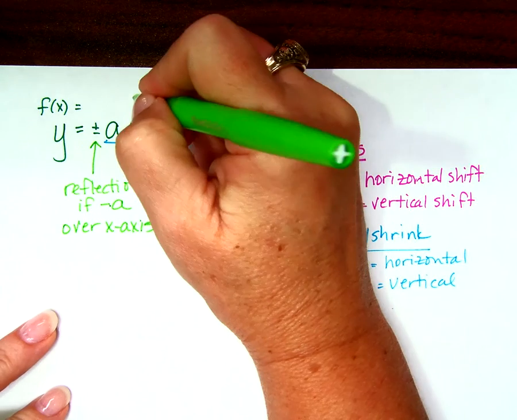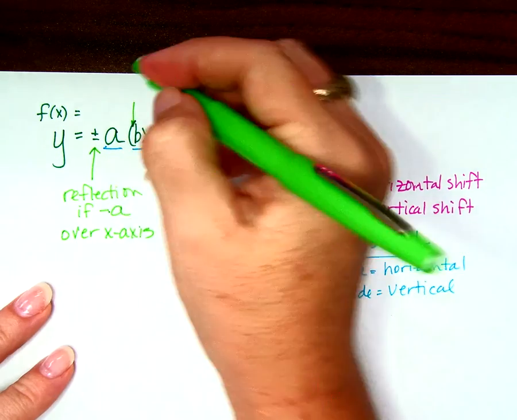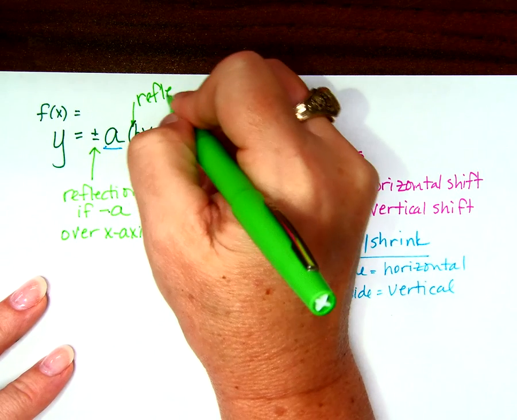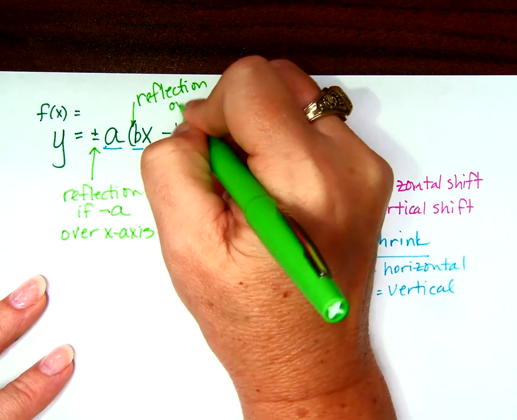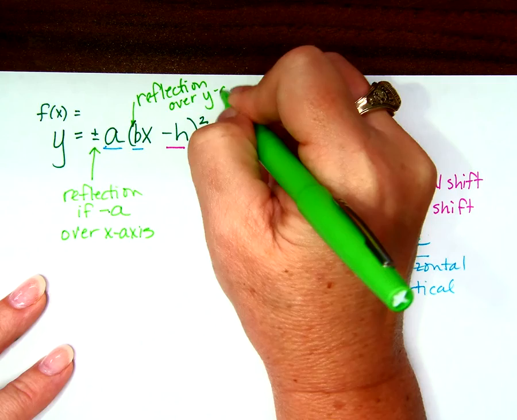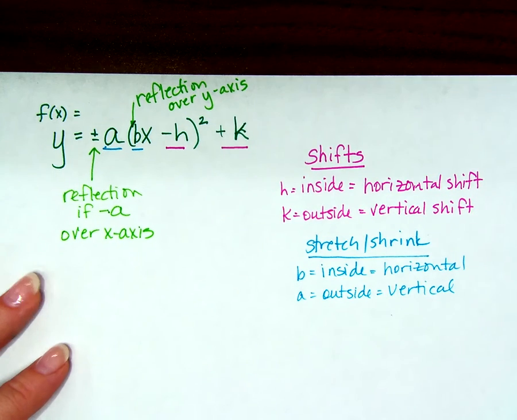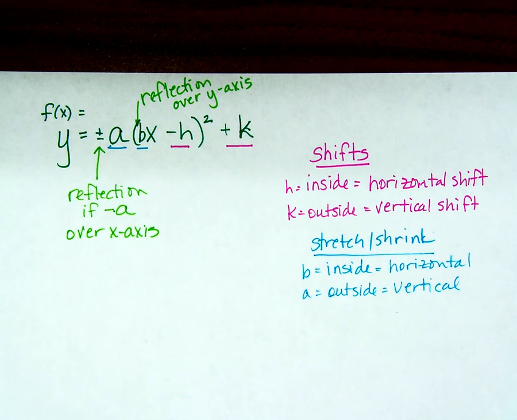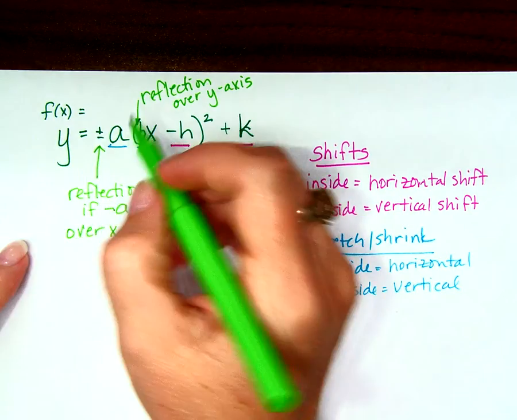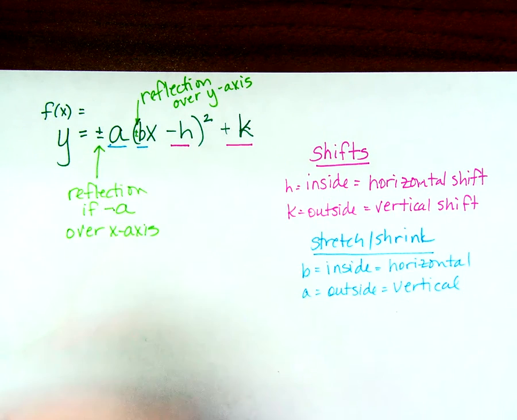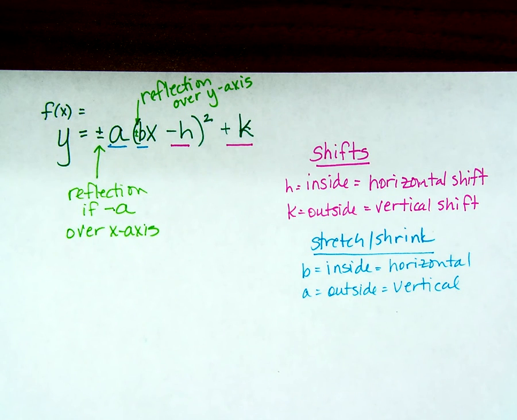Same thing kind of for b. b does cause a reflection over the y-axis. So I guess I could have put a plus or minus in b, but now there's not room. I guess I could try anyways. You guys remember most of this stuff? Good, good.